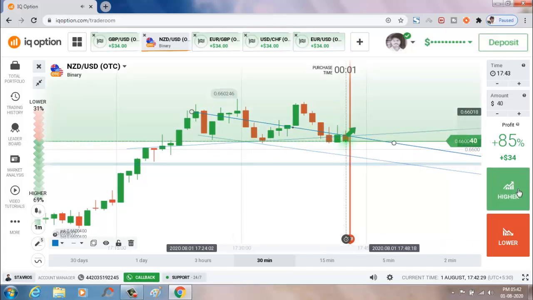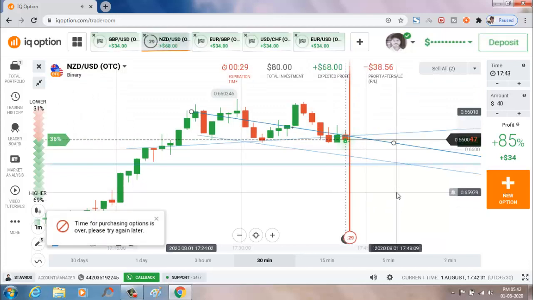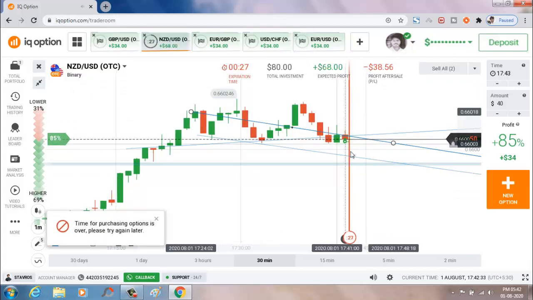Okay, I will try to place a higher option for 3 trades. Okay, 2 trades. One trade was not placed.